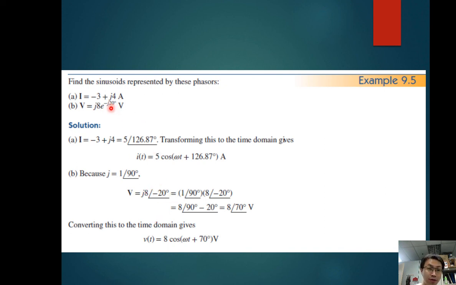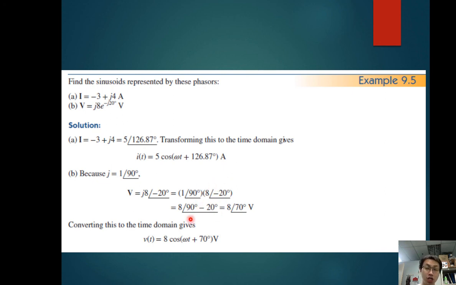Then I directly copy negative 20 here. And then from here, I convert into the form without j. So how can I convert? I know that j is 1 at 90 degrees. So I copy 1 at 90 degrees, and then I copy my 8 at negative 20 degrees.